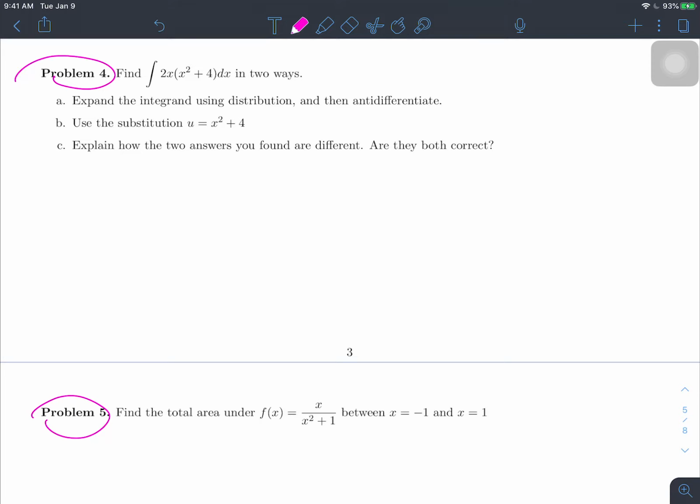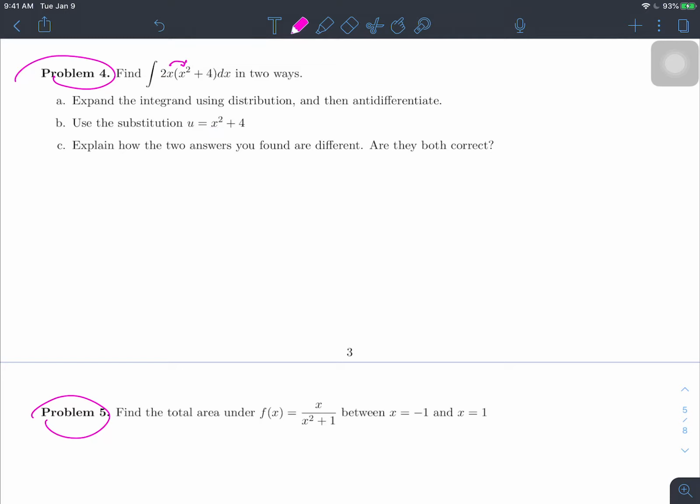There are two ways that we can do it. The first way is to use the U-substitution, u equals x squared plus 4. That's valid because what's being multiplied out front is the derivative of u, and then out back is dx. So our leftovers exactly match up with what du should be if we pick u equals x squared plus 4. That's one way we could do it. The other way is just to distribute.